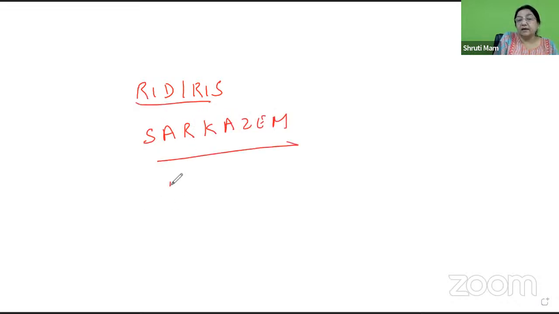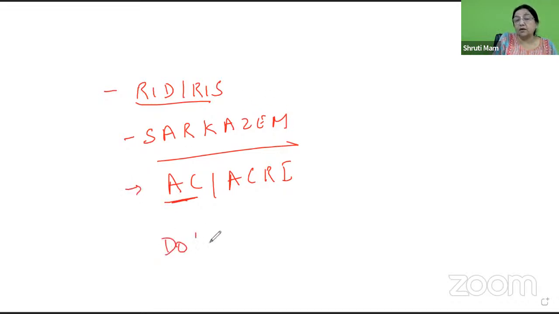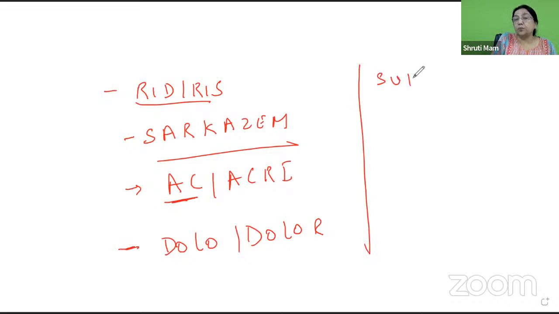Then acre, acidic, biting. Then we did self-deprecation, sarcasm, self-deprecation. Then dolor, you know now, sadness. And then now we just did super.